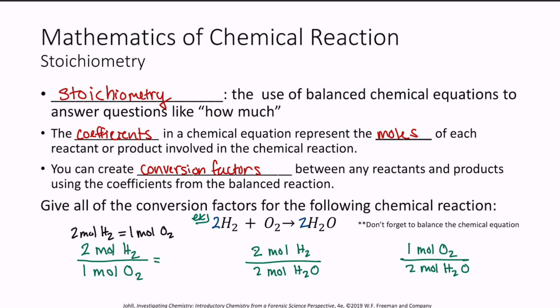So the other conversion factor for the relationship between hydrogen and oxygen is going to be 1 mole oxygen over 2 moles hydrogen. And I can do the same thing with my next relationship. And then finally, the relationship between oxygen and water.